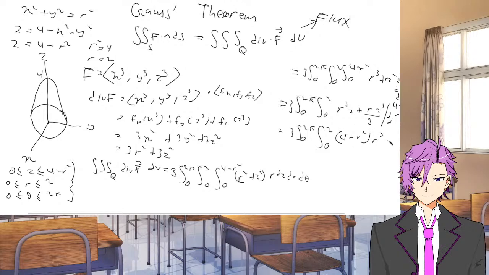Then 4 minus r squared, and then r over 3, and then dr d theta.